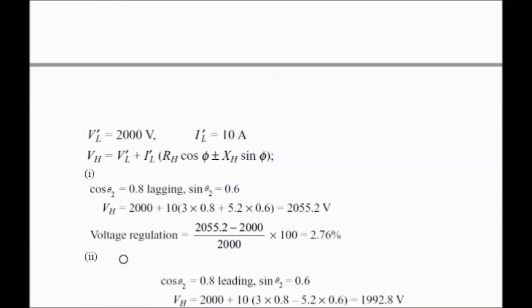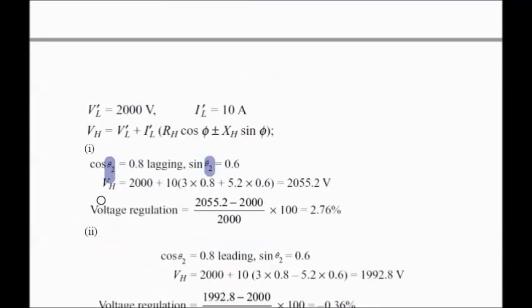So case 1 is 0.8 lagging power factor. For 0.8 lagging, cos phi will be 0.8 and sin phi will be 0.6.